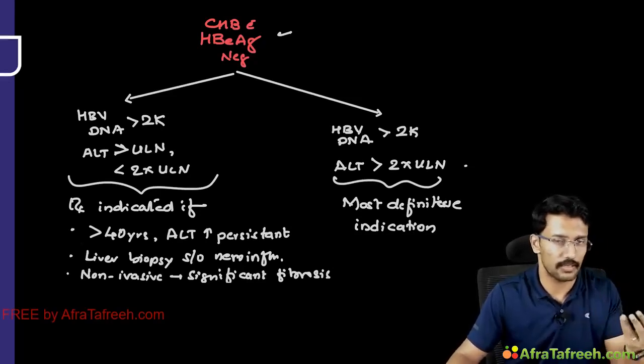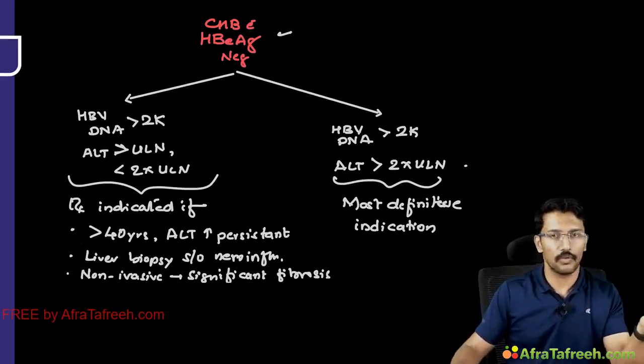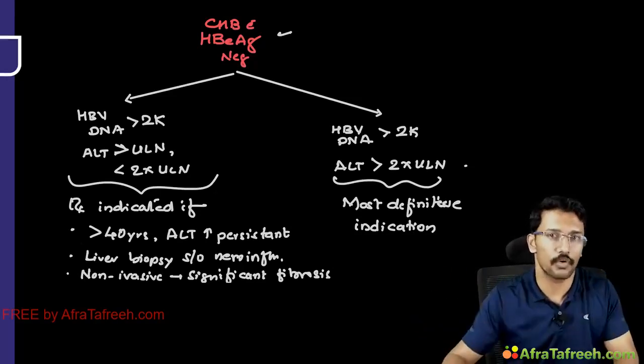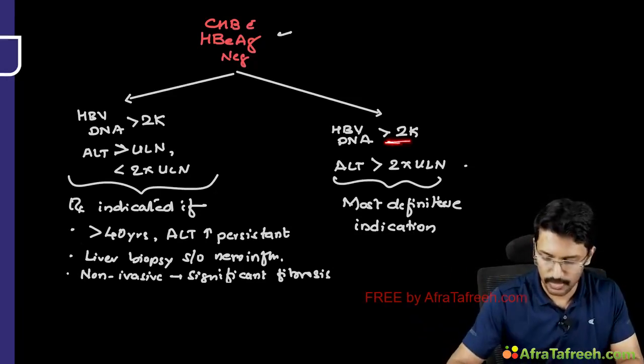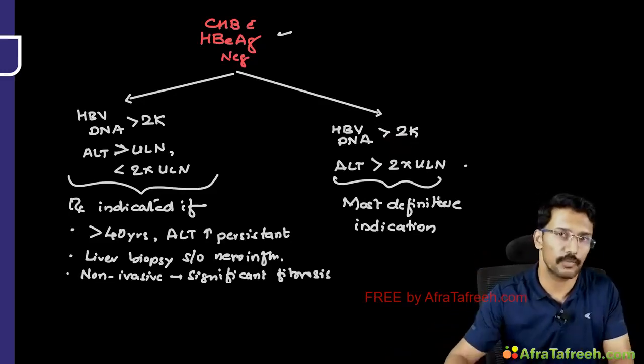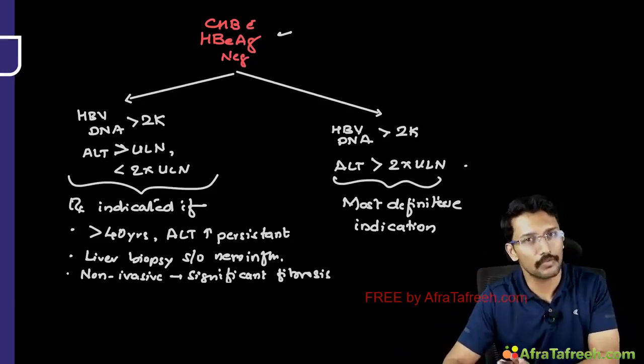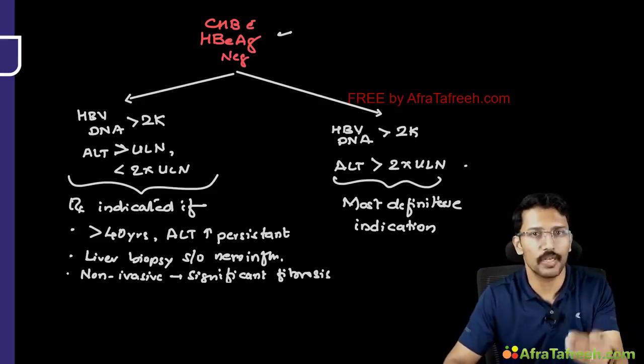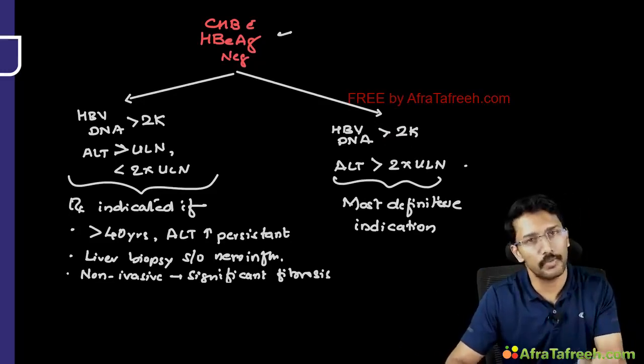The viral DNA level may go down or may start increasing. So less than 2K doesn't mean that we will not be thinking about treatment. We need to follow them up at regular intervals, and anytime they progress to meet an indication for initiation of treatment, we will start.